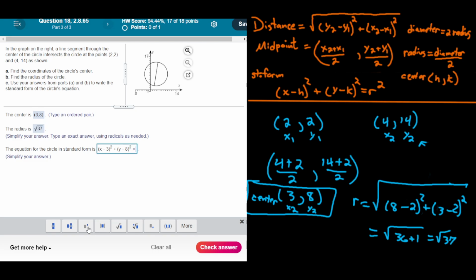And this is equal to... Remember, your radius ended up being the square root of 37, right? That's your radius. But we want your radius squared, so you can square both sides. So you get r squared is actually equal to just the regular 37.